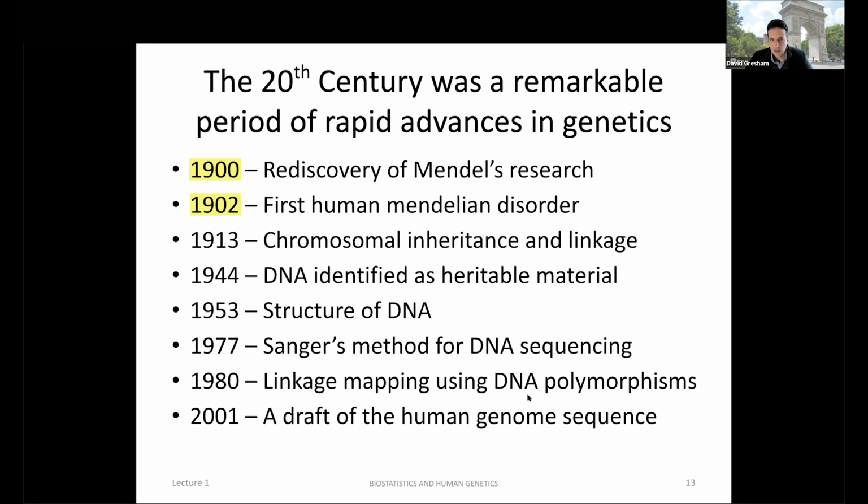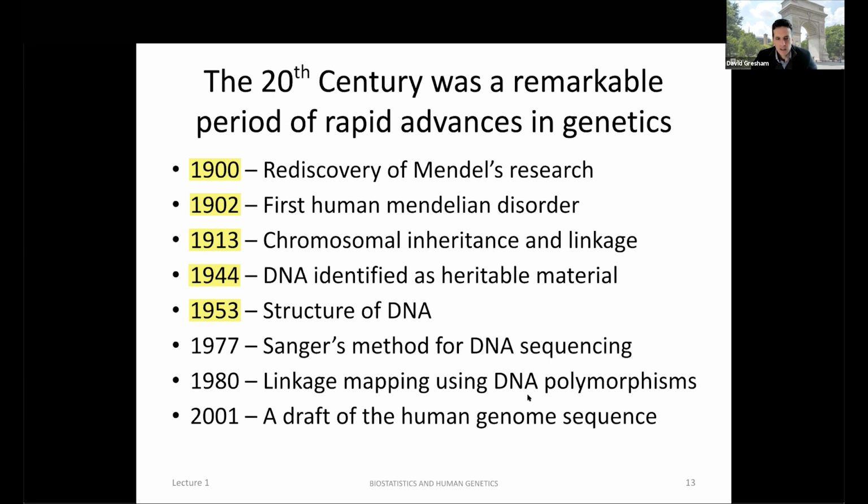A decade later, the physical basis of inheritance and chromosomes and linkage were discovered just up the road in Manhattan at Columbia University. In 1944, DNA was identified as the heritable material, and a decade later, the structure of DNA and the understanding of how it could be replicated and transmitted.